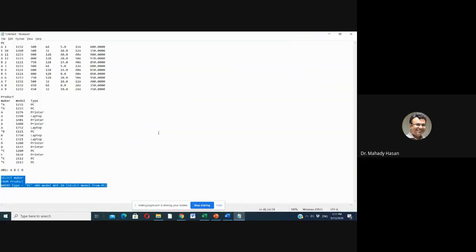I'm trying to find out the makers from product where type is equivalent to PC. So এই asterisk গুলো and দিয়ে বলেছি model not in, তার মানে model 132 is there in, এখানে তো 132 অলরেডি আছে, রাইট?